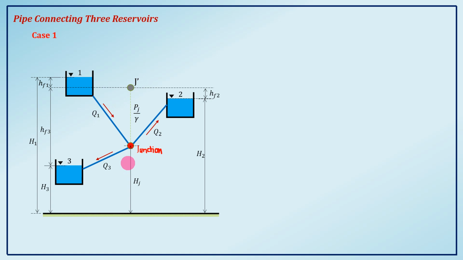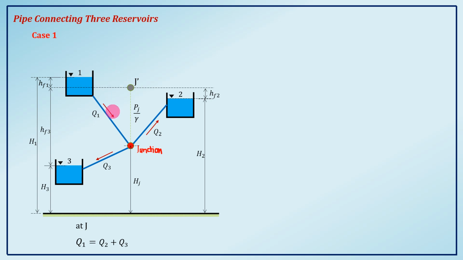Yeah. So, at J, no, we have Q1. Makakuha tayo dito ng relationship na since si Q1 or si reservoir 1 yung nagbibigay sa atin ng liquid. So, Q1 is just equal to your Q2 plus Q3. So, this is from the continuity equation lang din. No, what comes out is what comes in. So, si Q1 yung nagbigay.